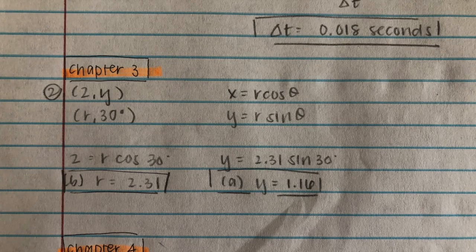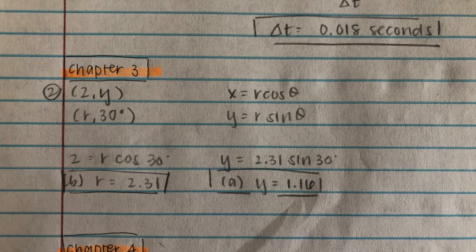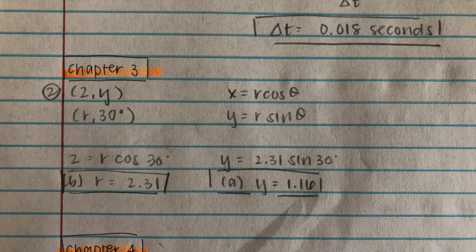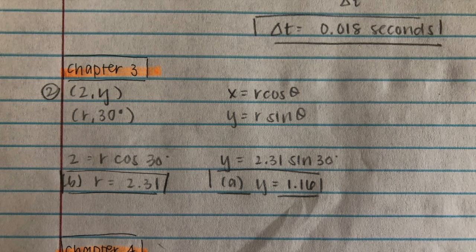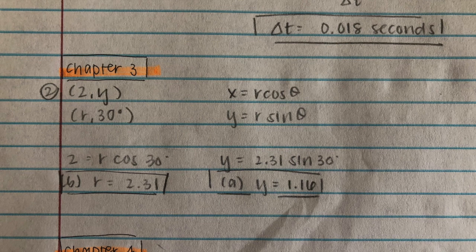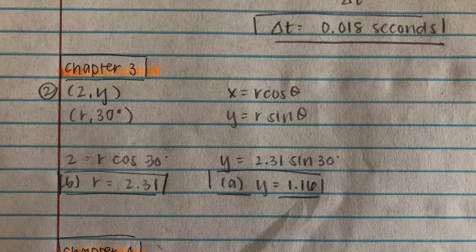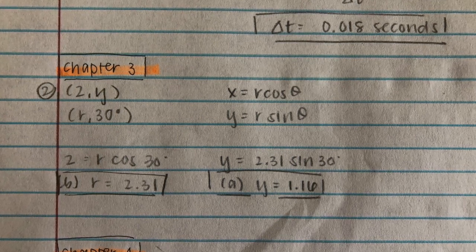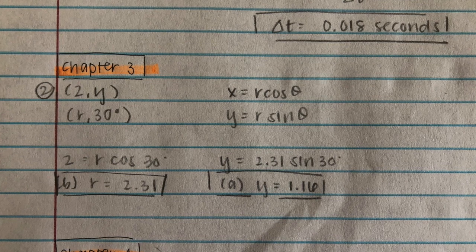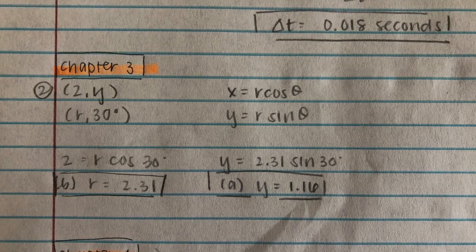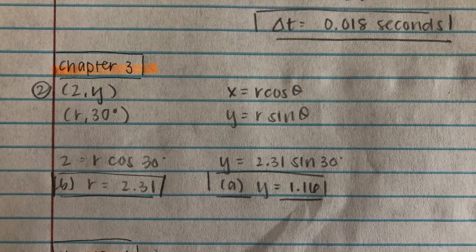For Chapter 3, Question 2, it was asking for the value of y in the rectangular coordinate points and the value of r in the polar coordinate points. So the equations x equals r cosine of theta and y equals r sine of theta were used to determine both.